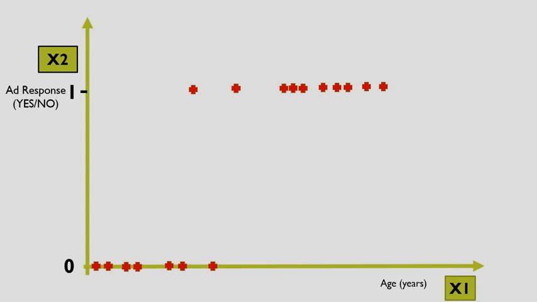So this is one example of using logistic regression in order to deal with this business case. We have the age on the x-axis and the ad response, whether a certain client or subscriber did indeed interact with our advertisement or not, or whether he or she was interested in previewing further info about the service or the product that we are offering, and so on.